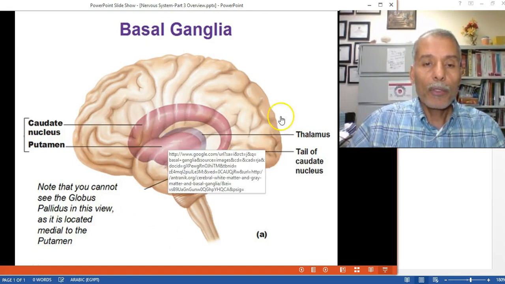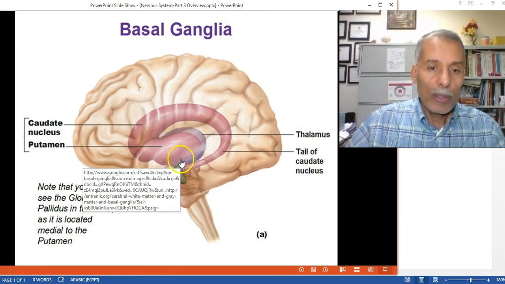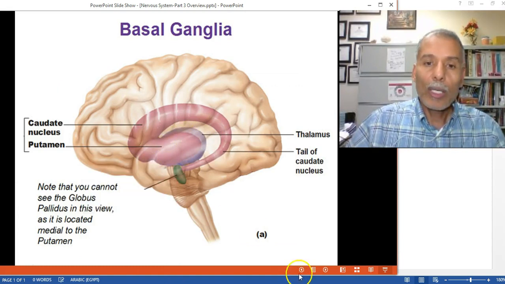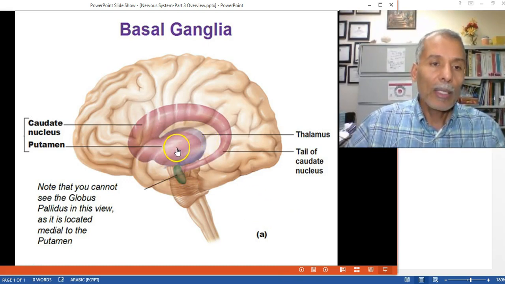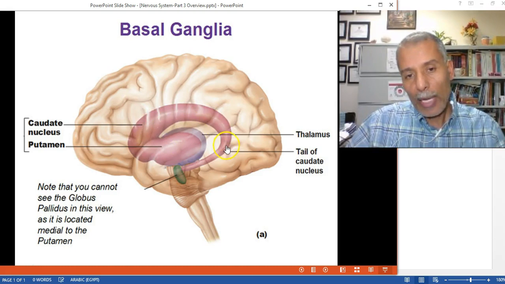So here's another view where you have, see, the putamen, and next to it is the globus pallidus. It is not showing, but it's right behind it. And then you have the caudate nucleus, and you go to the tail of the caudate, so it curves all the way.